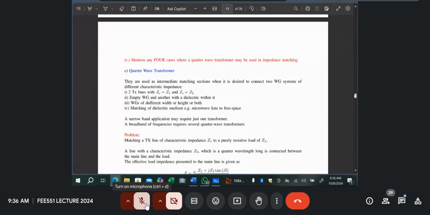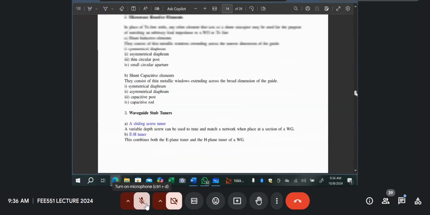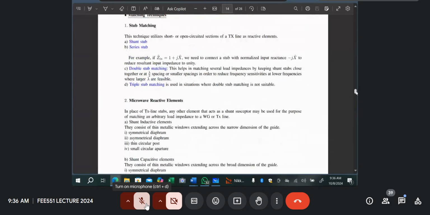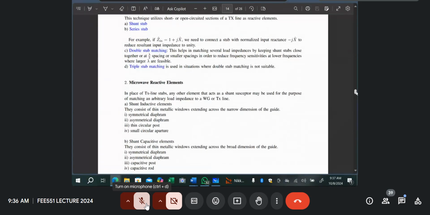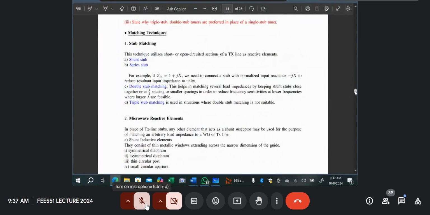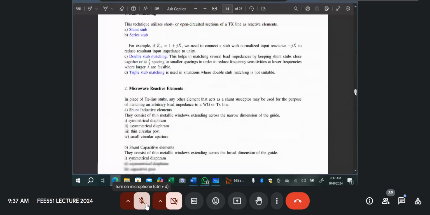Do we have anything here that can guide you? Yeah, there are. So you just need to show us these diagrams, how the orientation is, in the first place, on the shunt and series. You also need to give us a sketch of a network with a load, and then show us where you insert.